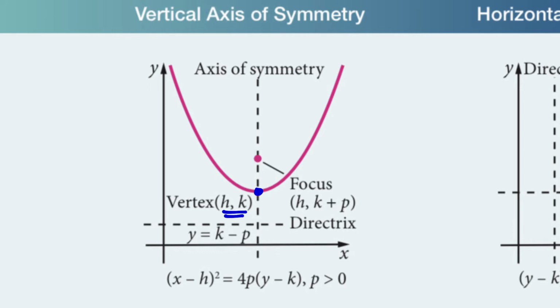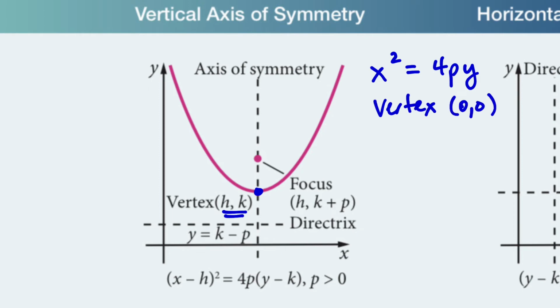Well, we already know that if a parabola opens upward, the equation is x squared equals 4py. And this is when the vertex is at the point (0, 0). So all we're doing here is shifting the vertex so that instead of being at (0, 0), we're shifting it h units horizontally and k units vertically.